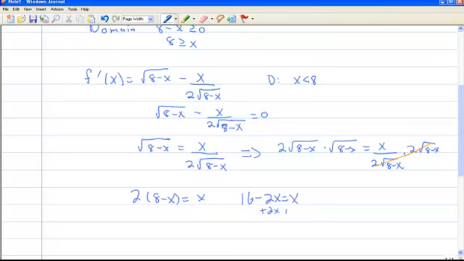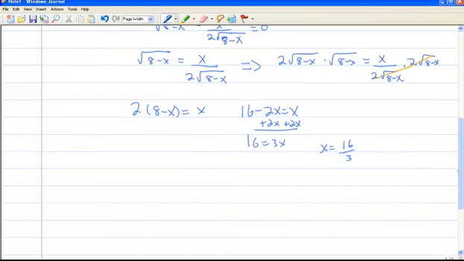Adding 2x to both sides, 16 equals 3x. So x equals 16 thirds. That's going to be our first point, and that'll be really our only max or min. Okay, I'm going to pause here.